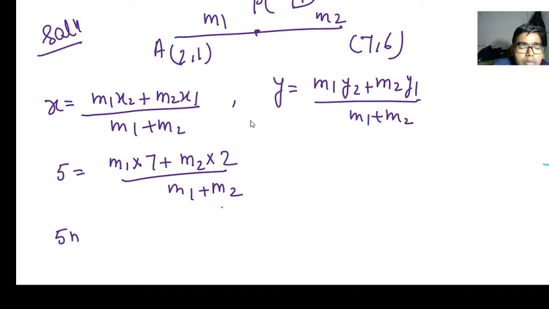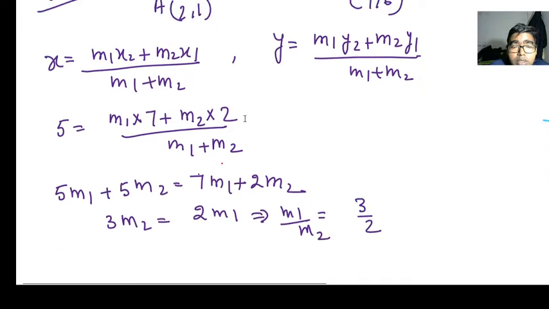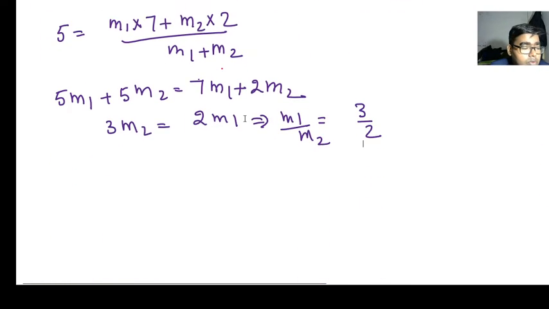Multiply it out: 5 m1 plus 5 m2 equals 7 m1 plus 2 m2. It becomes 3 m2 equals 2 m1, so m1 upon m2 equals 3 by 2. So friends, we get the ratio, 2 is to 3.